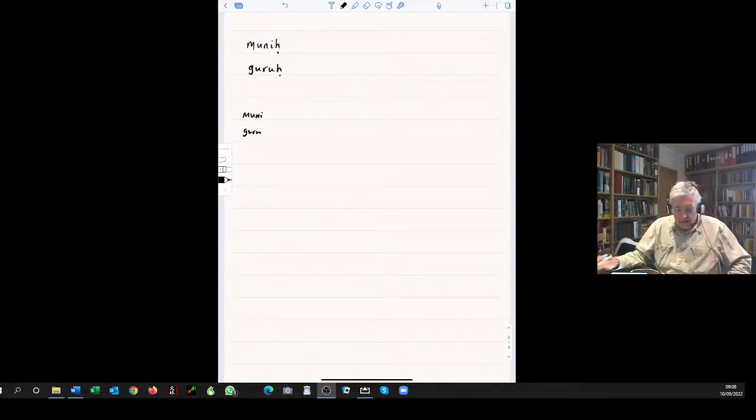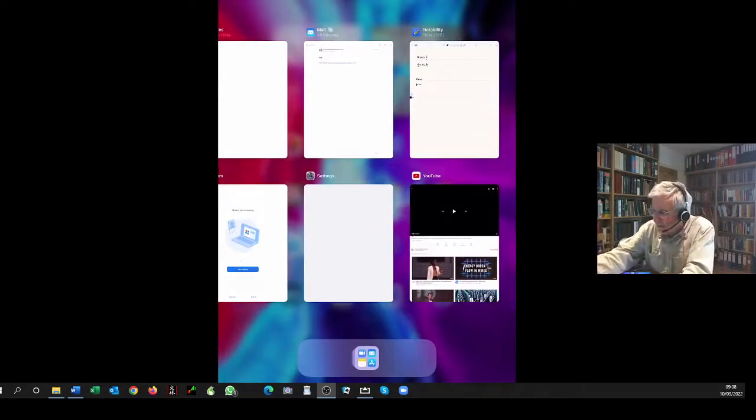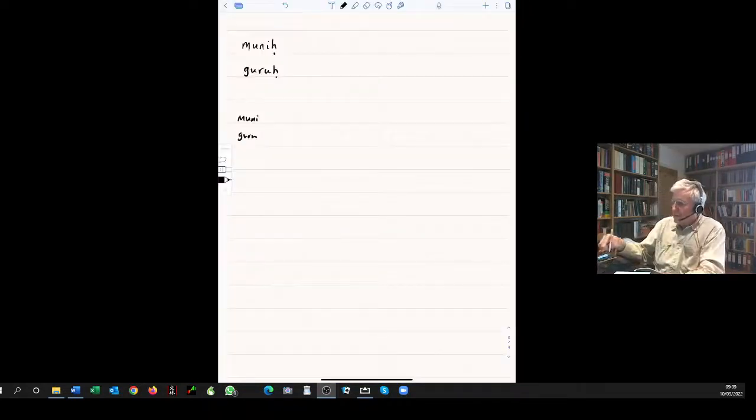What happens then if the following word begins in a vowel or a voiced consonant? The visarga changes to r. So the sage goes, gachati goes.